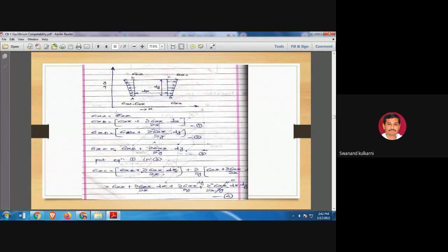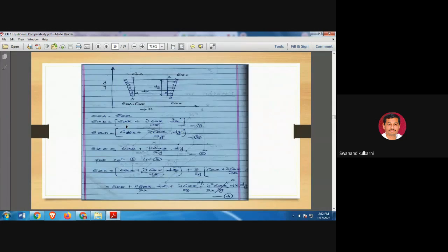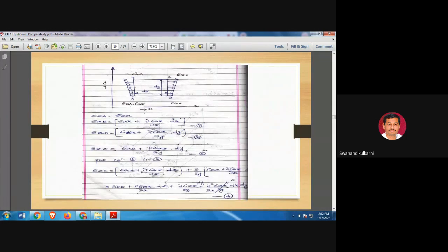Sigma xa is sigma xx only, but sigma xb is equal to sigma xx plus dou sigma xx upon dou x into dx, where dou sigma xx upon dou x is nothing but the differential part which is added with reference to A at point B. So differentiation of sigma xx with respect to x at a distance of dx. Is it okay? Yes or no? Yes, sir. Very good.